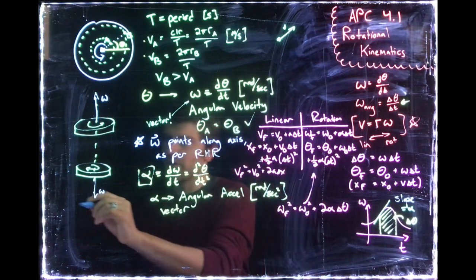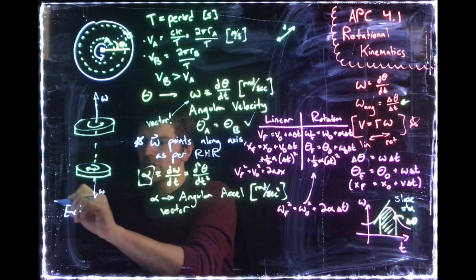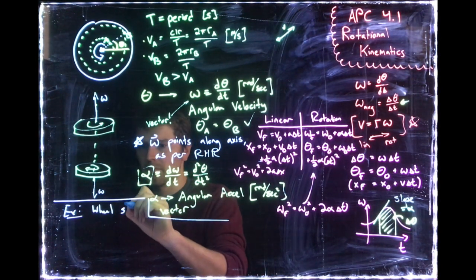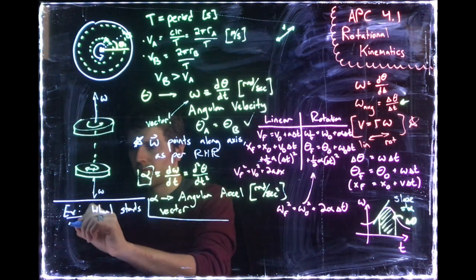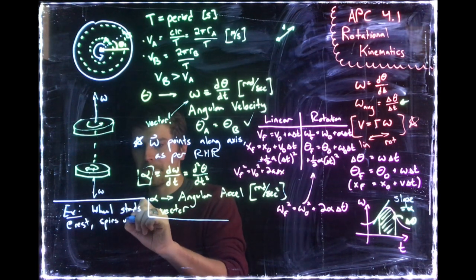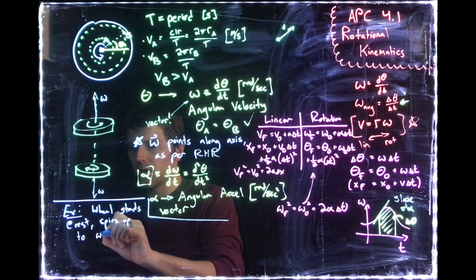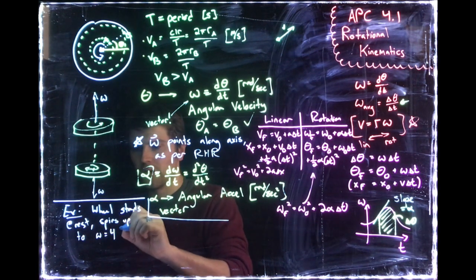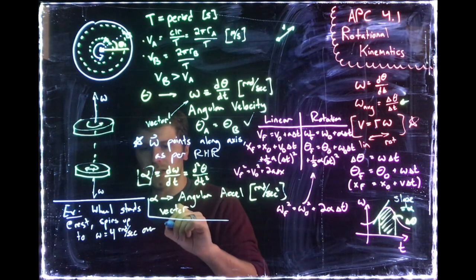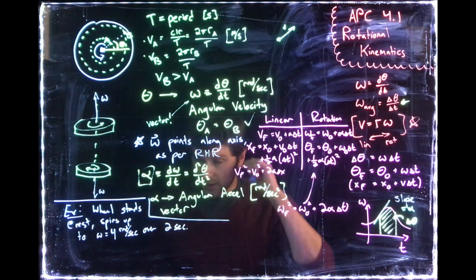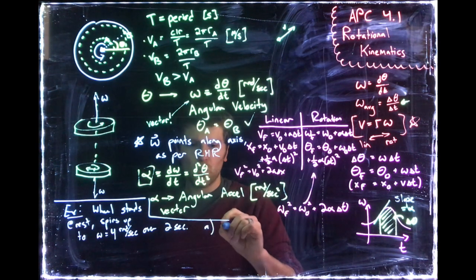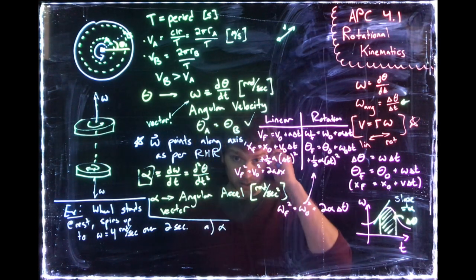So let's do a quick example here at the bottom. We're going to have a wheel that starts at rest, and then it spins up to an angular velocity of 4 radians per second over 2 seconds. The first question is, what is the angular acceleration of this, assuming that it's constant?